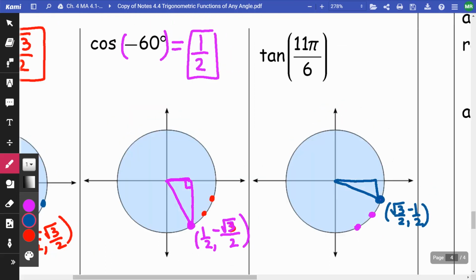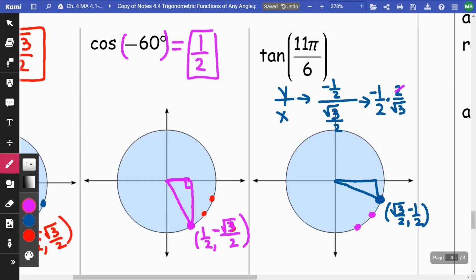Now in this case, I want tangent. Tangent is y over x. So I'm going to be taking negative 1/2 over root 3 over 2, which means it's a negative 1/2 times the reciprocal of root 3 over 2, which is 2 over root 3.